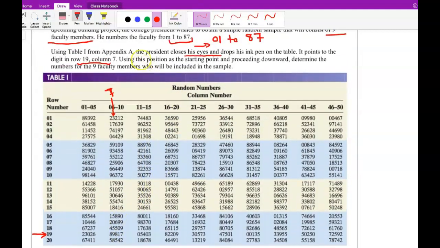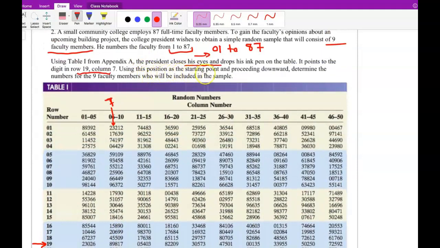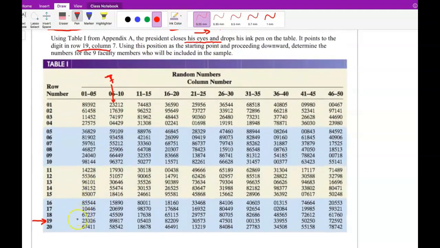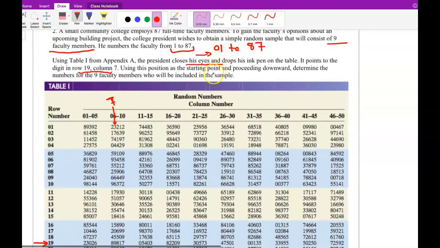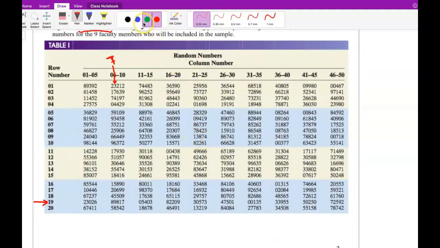Using this position as a starting point, so this row 19 and this column 7 is the starting point, and proceeding downward, determine the numbers for the 9 faculty members who will be included in the sample. Okay, let's choose these.